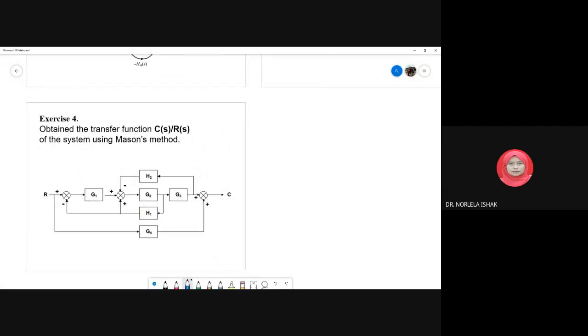Similar with exercise number 3. So step 1, you have to convert or define the signal flow graph. From the signal flow graph, you have to define the forward parts. And apa lagi? And some more, loop gain and non-touching loop gain.